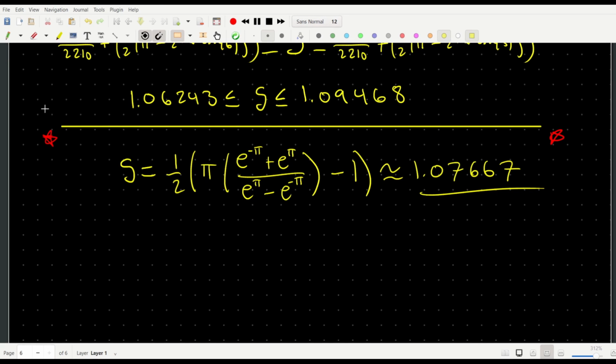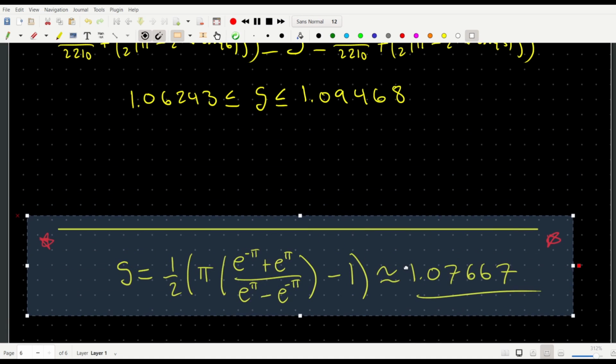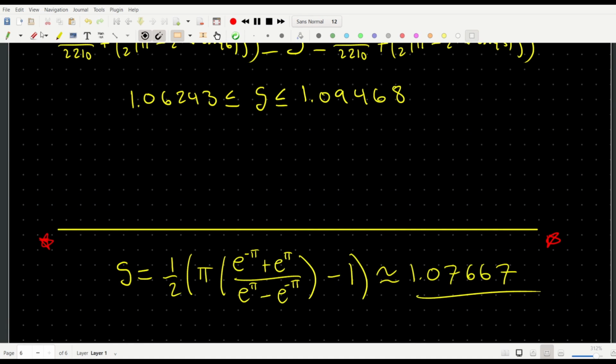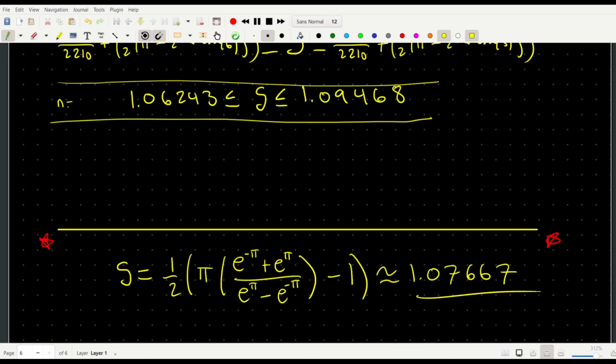So for example, if I were to repeat this process for n equals 10 instead of n equals 5, remember this result is for n equals 5, the approximation that I end up obtaining is approximately 1.07245 for a lower bound, and an approximation of 1.08146 for my upper bound.